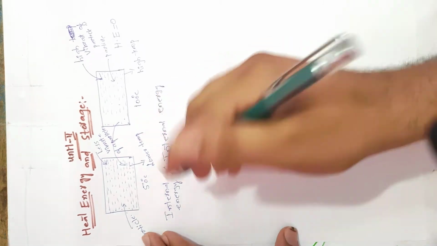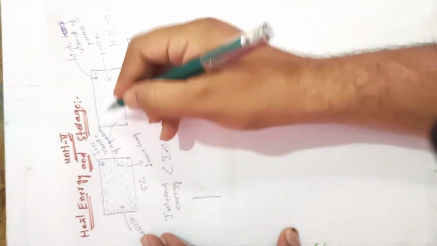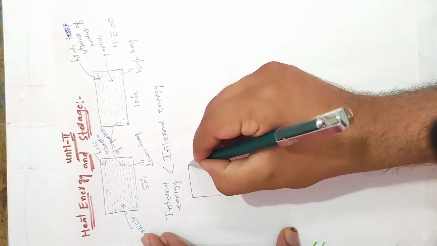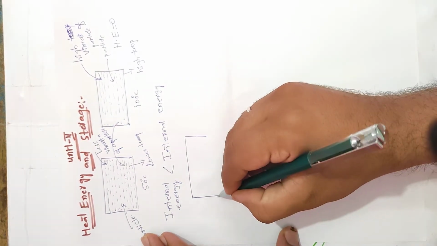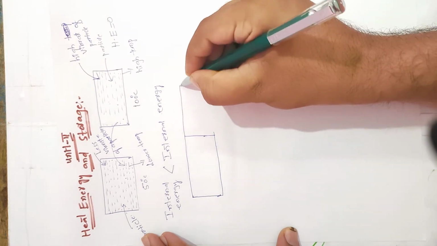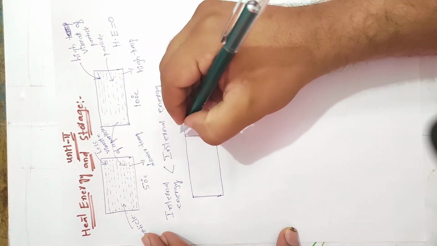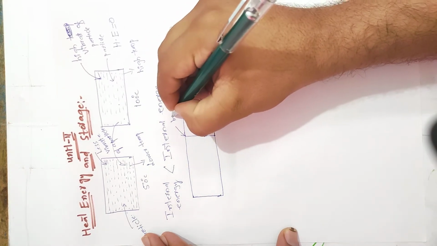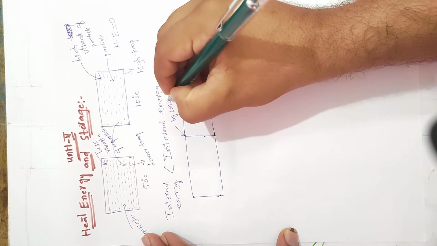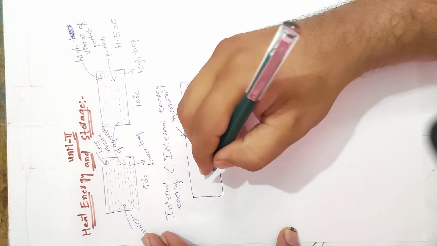Is it right? So if you collide this particle and this particle together, by the collision, what happened here? The heat flows from the hot body to the cold body.